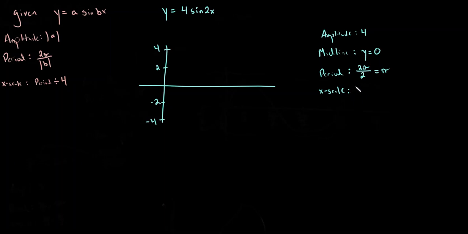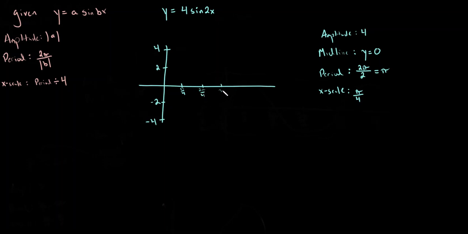Remember the x scale: we take whatever the period is and divide it by 4. Pi divided by 4 is just pi over 4. I don't need to reduce that at all. That's always how we find the x scale: take the period divided by 4. So that's exactly what I'm going to do. 0 plus pi over 4 is pi over 4. Pi over 4 plus pi over 4 is 2 pi over 4.